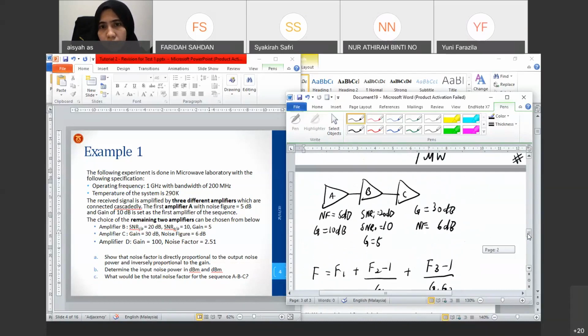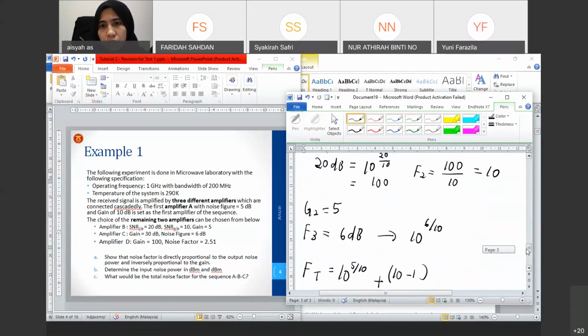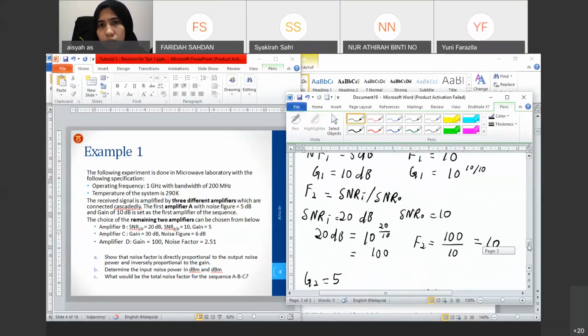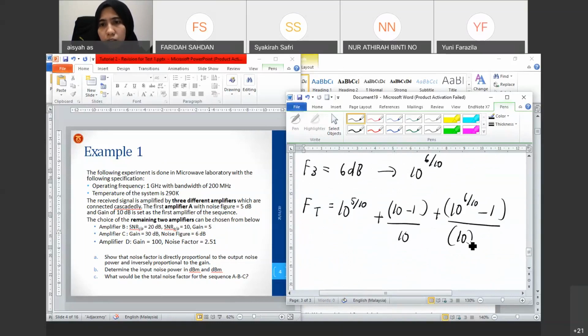G1, okay, 10 power 10. So this is 10 plus F3. F3 is 10 power 6 over 10, minus 1 over G1, G2. G1 is 10 and G2 is 5. So you should get the answer.